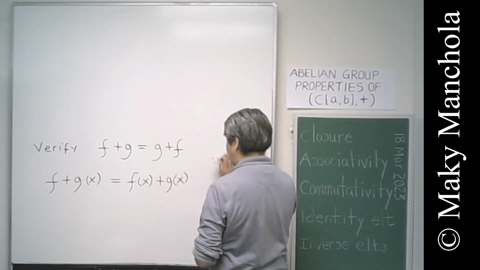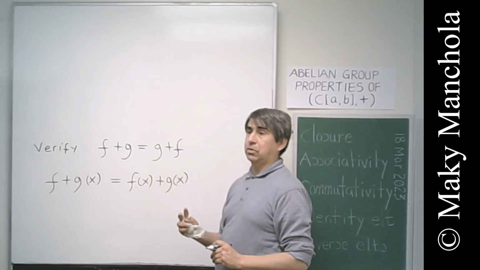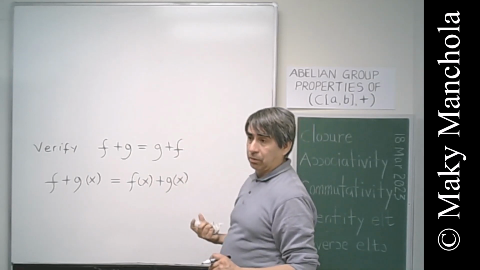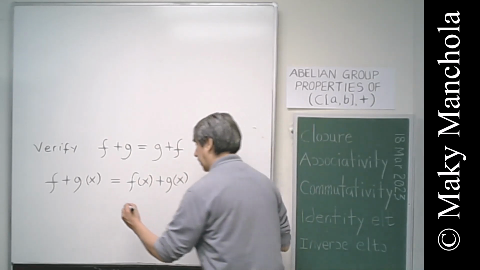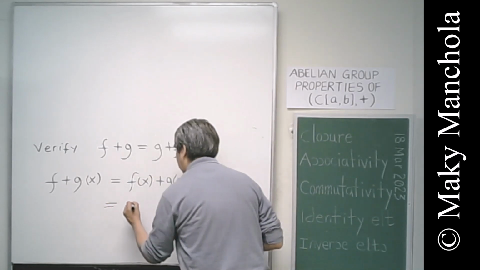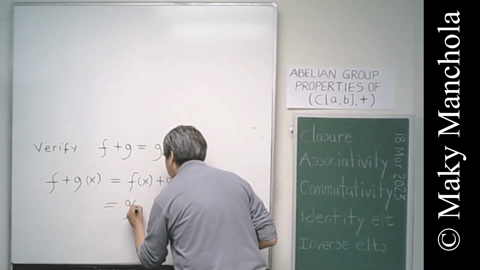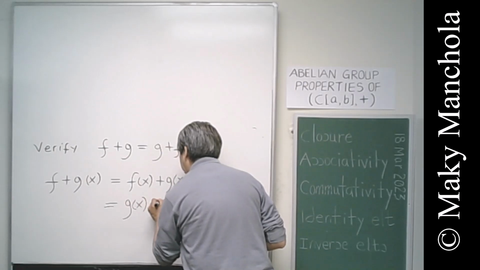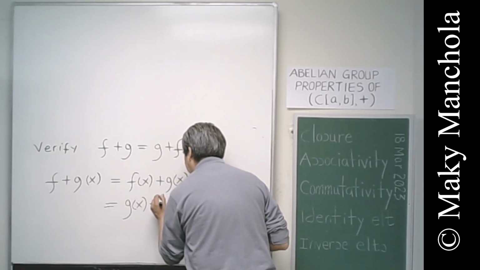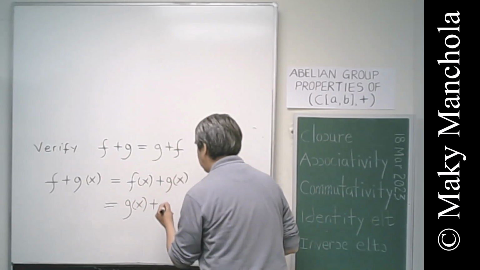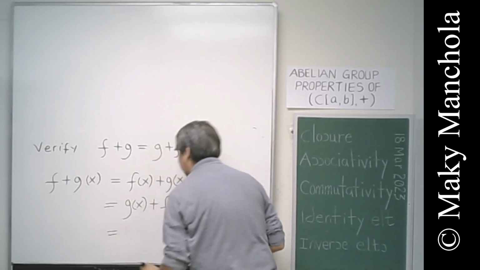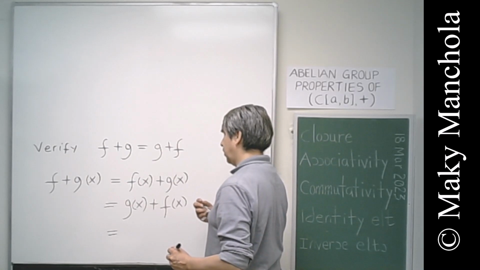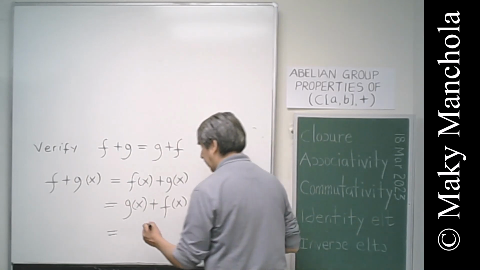This is addition of real numbers, so we can commute because addition of real numbers is commutative. So this is equal to g of x plus f of x, which means the function g plus f evaluated at x.